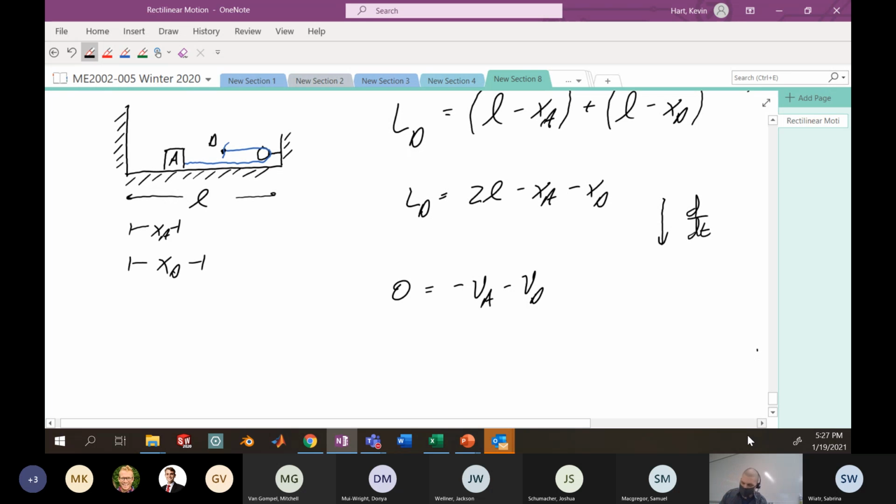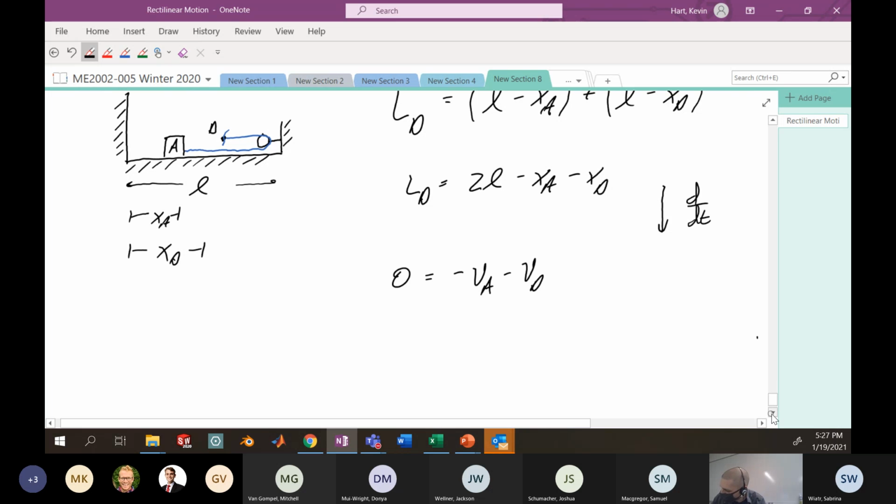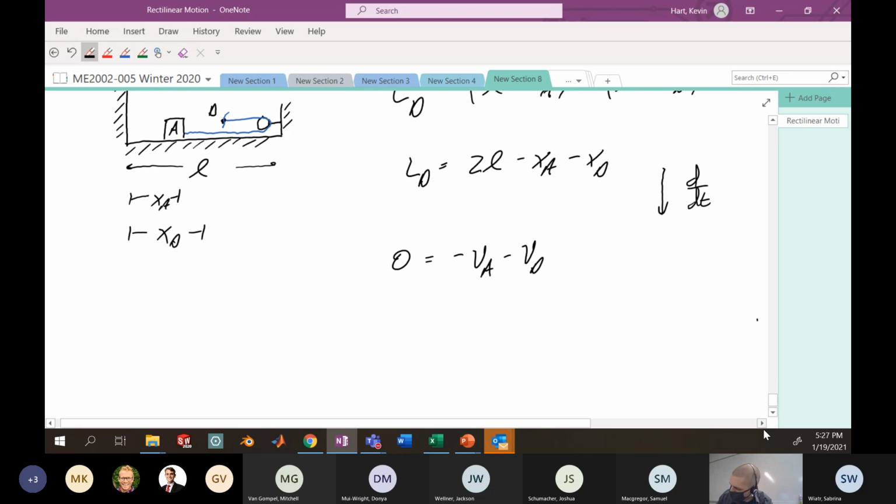So in this situation, we get an opposite relationship between what's happening with block A and point D. So remember, we previously saw that the velocity of A, we calculated 200 millimeters per second, right?